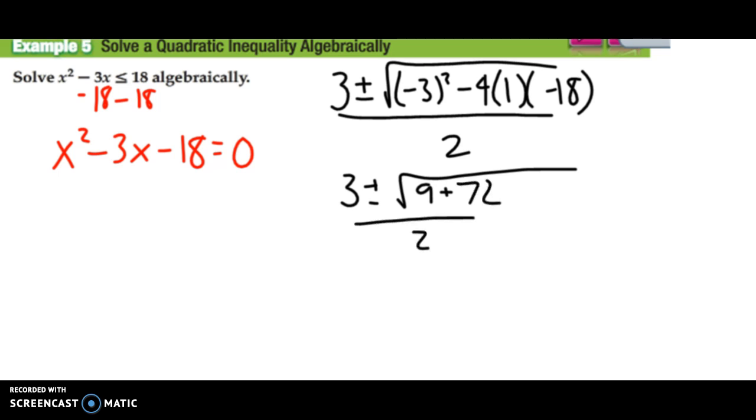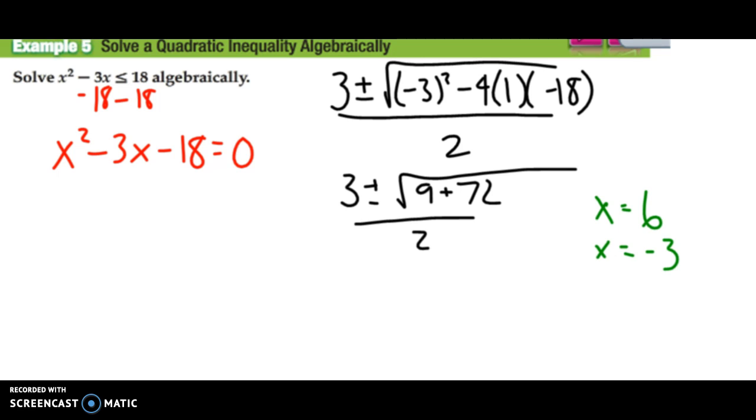We get x equals 3 plus the square root of 9 plus 72, which is 81, divided by 2, so I get 6, and x equals 3 minus the square root of 81 all over 2, which is negative 3. So my two solutions are 6 and negative 3.